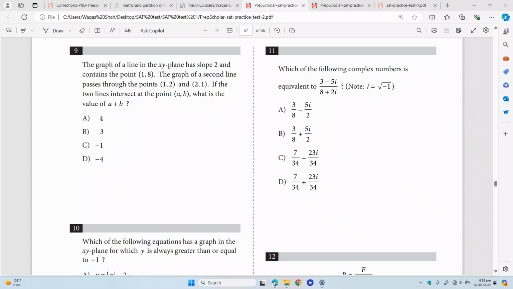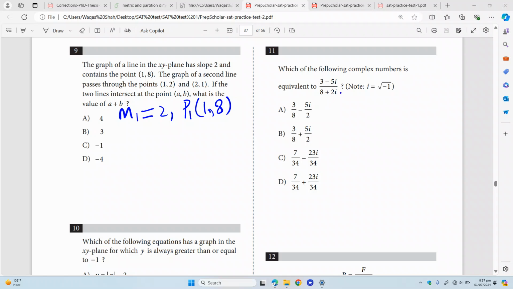In question 9, the graph of a line in the xy plane has slope 2 and contains a point. The first line has slope represented by m, so m1 is the slope of the first line, which is 2, and the point through which it is passing is (1, 8). So p1 is the point through which it is passing, (1, 8), and then the graph of the second line is passing through 2 points.